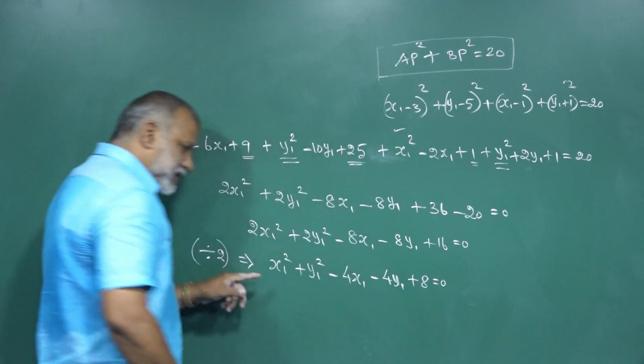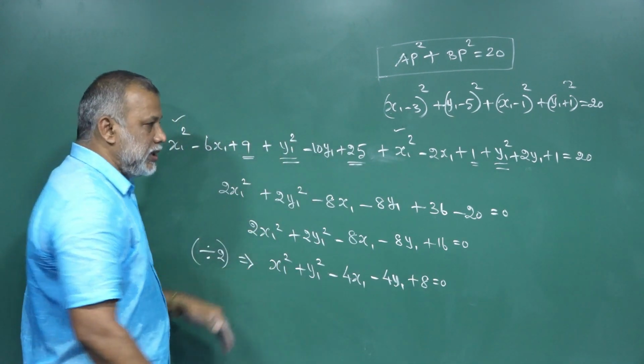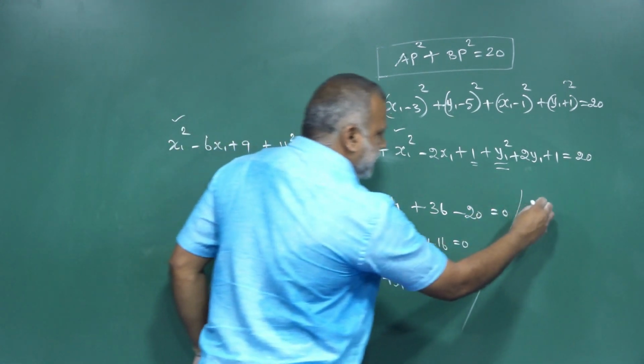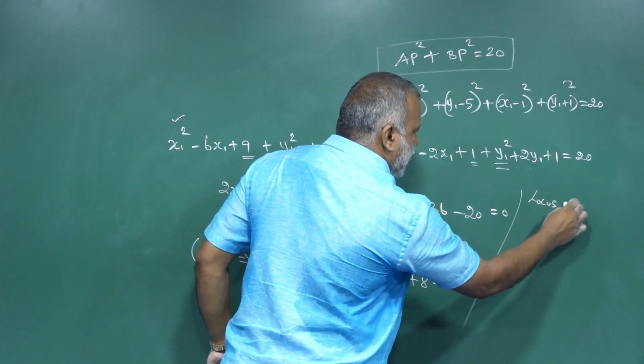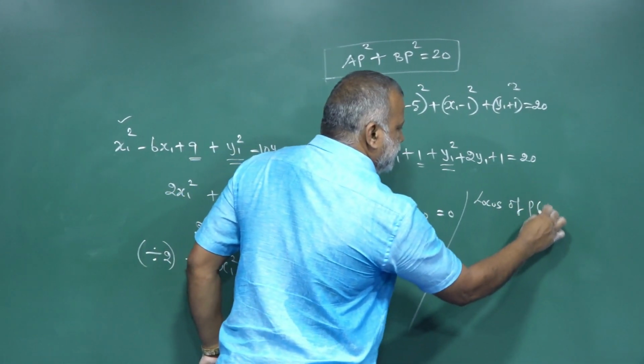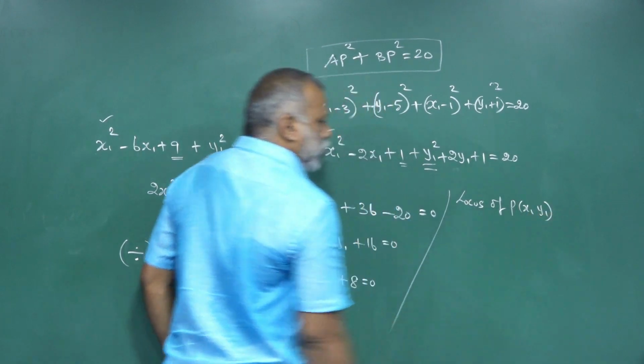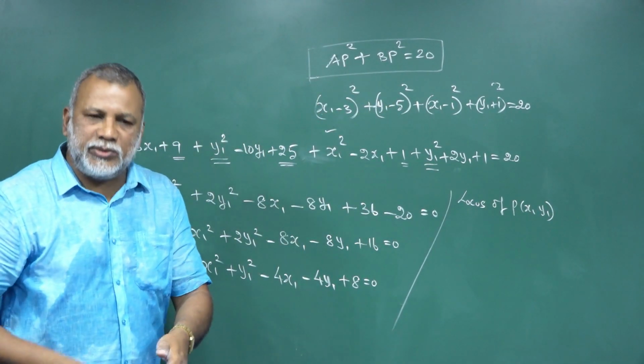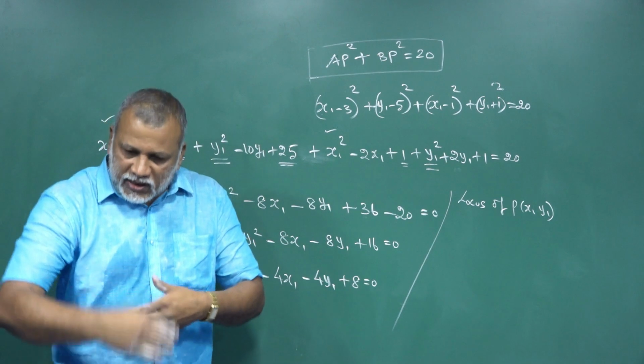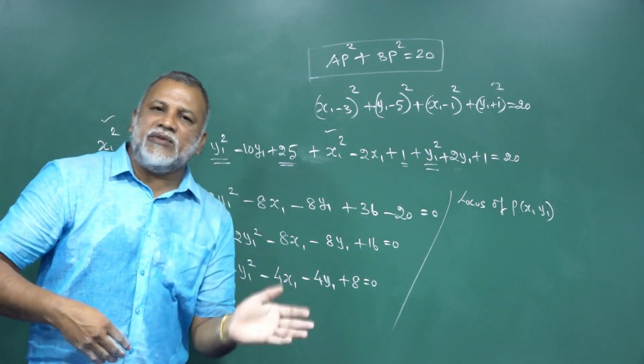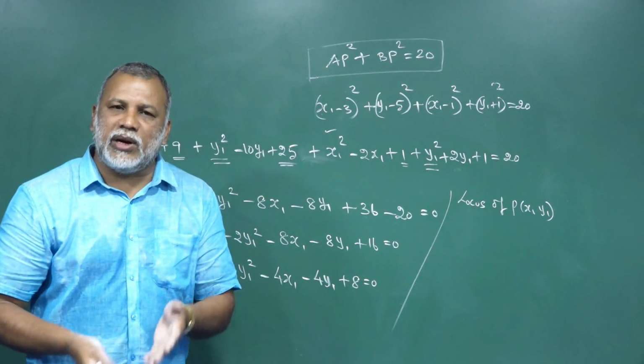But we have to find the locus, so always write the word locus of P(x1, y1). Locus means the path traced as the point moves. When the point starts to move, replace x1, y1 with the variables x, y.